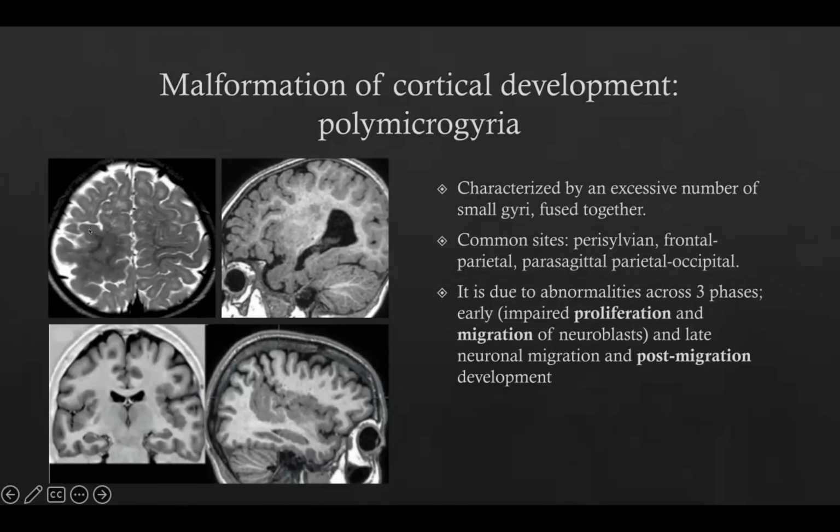But in this one, the cortex is a bit thickened and you don't see the distinction between gray and white matter. If you look on T1 sagittal, compare anterior and posterior: there are some abnormal gyrations, a bit more closely packed, and a thicker cortex. So this is polymicrogyria.